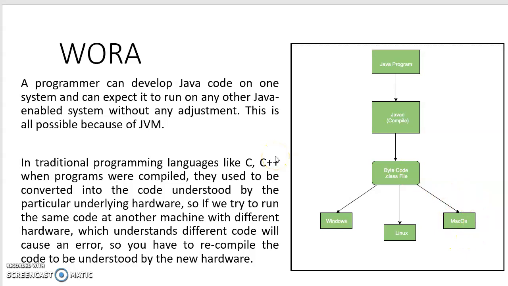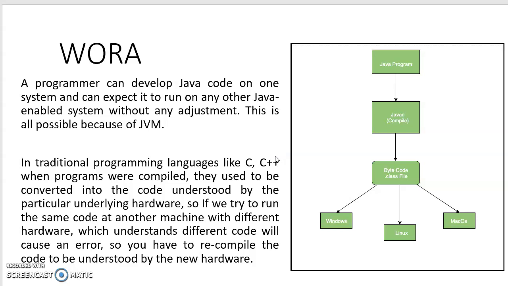So that's the concept. Your traditional languages like C and C++ were compiled, and they used to be converted into a code that can be understood by the hardware. So if we try running the same code in different machines, it would require various different compilations.